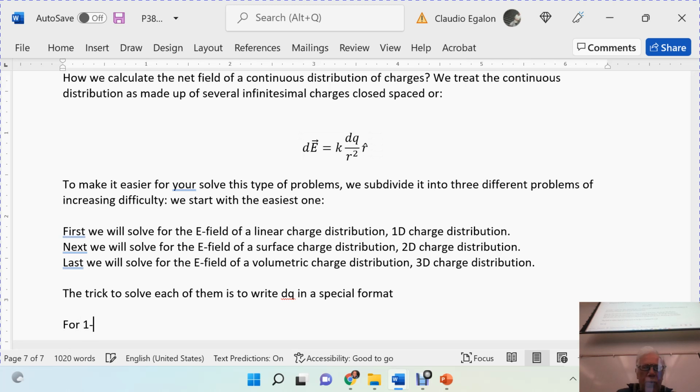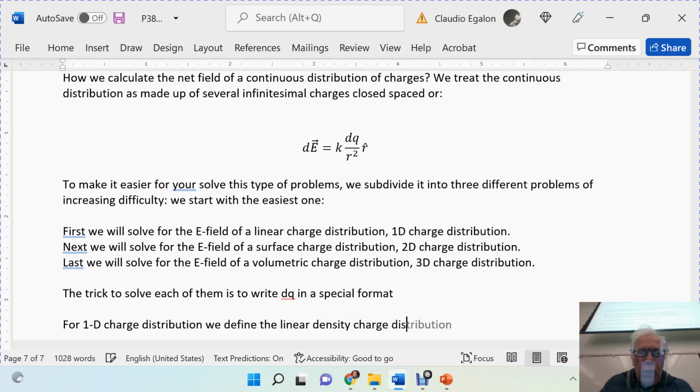For a one-dimensional charge distribution, we define the linear charge density that we call lambda.